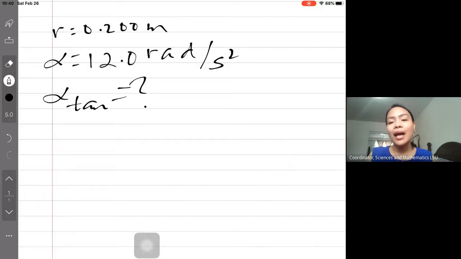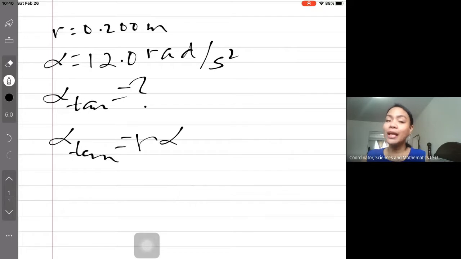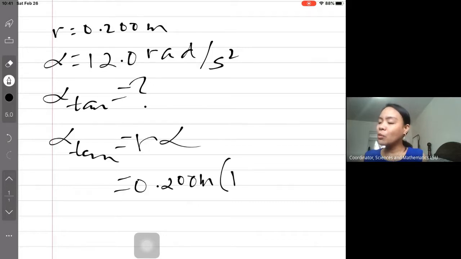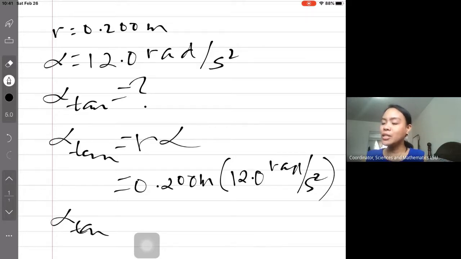So let us go back to our formula for tangential acceleration. Our tangential acceleration is just equal to r times alpha. So what we can do here is just multiply our given radius, 0.2 meters, times our angular acceleration, 12 radians per second squared. Kindly get your calculator.